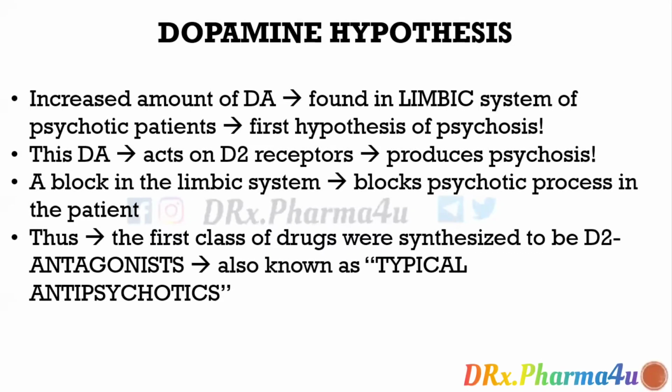So let us come to the three major hypotheses which have been postulated to be implicated in schizophrenia. The first hypothesis is the dopamine hypothesis. Always remember that dopamine is very important, because it is also known as the pleasure hormone. It is also known as the rewarding hormone, because you feel good about yourself because of dopamine.